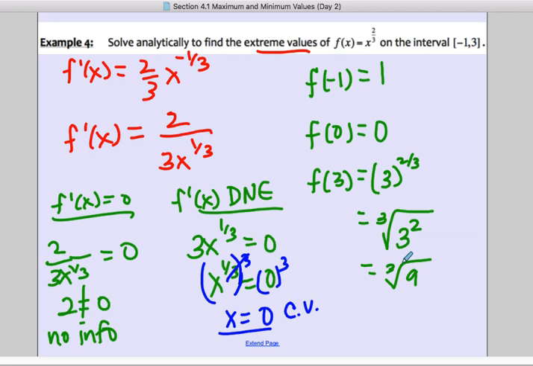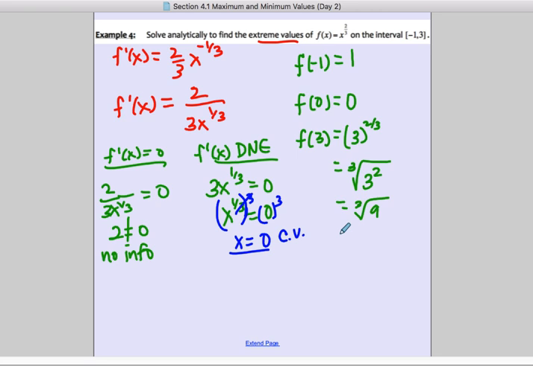So I'm just going to get an approximate estimate of the cube root of 9. So we have 3 to the 2. So if I'm looking for the numeric answer, this is approximately 2.080. Okay, this is 0, this is 1.